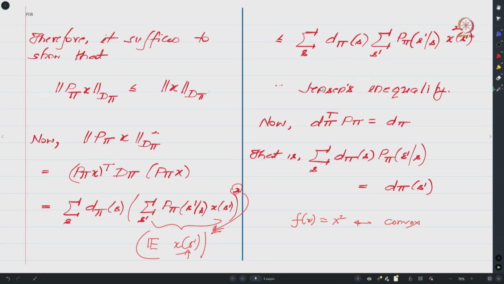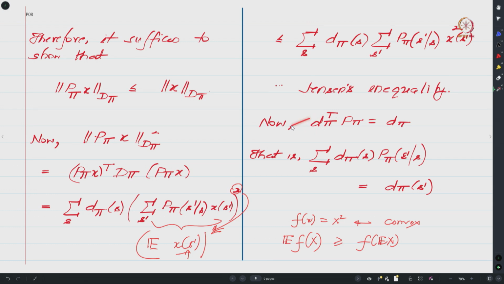So this is where I use Jensen's inequality, and hence one can conclude that this sum over here is upper bounded by this sum, where notice that this quantity, P_pi of s prime given s, has now come outside the bracket, and this expectation is outside the bracket, that is we first square it and then we invoke this expectation. In other words, what I am using is that the expected value of f of x is greater than f of the expected value of x whenever your function f is convex, right. So if you use this property, one can see that this expression over here is upper bounded by this expression, right.